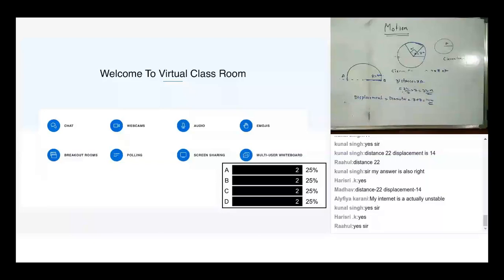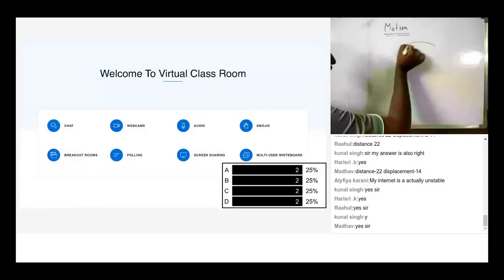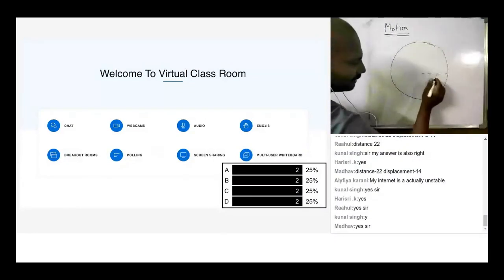Okay. Let's go for one more question before we call off the class. Last question of the day based on distance and displacement. So let's say we have a circular path of radius 21 meters. What is the radius of the circular path? 21 meters.